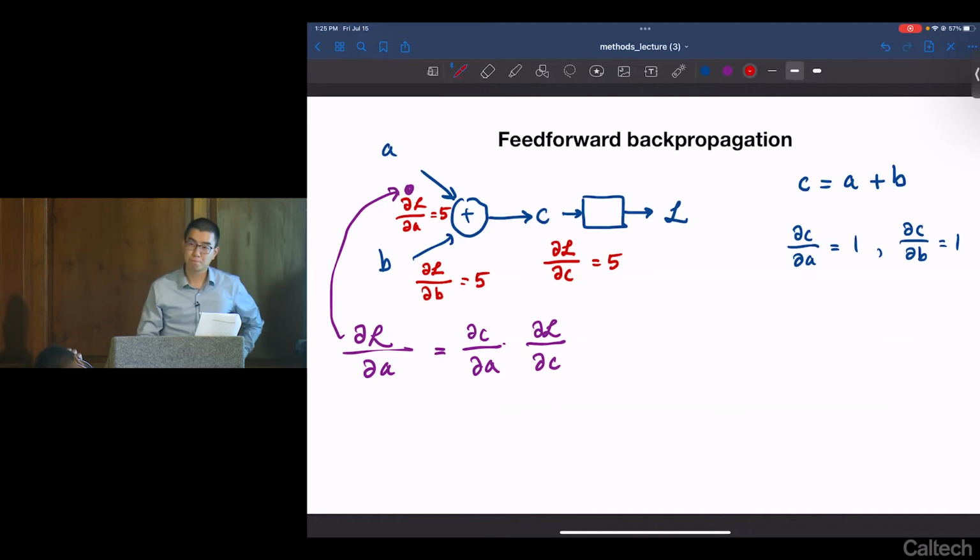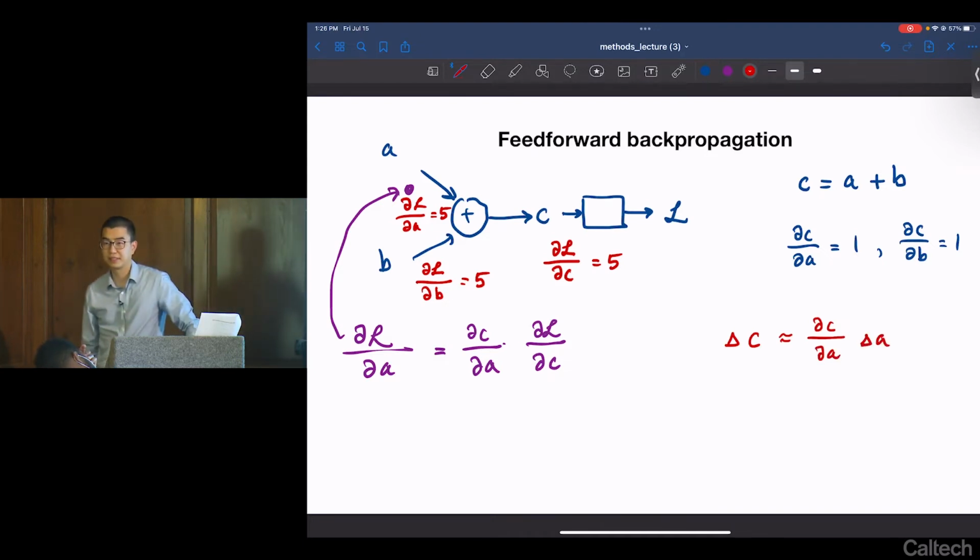We already know the rate of change of the loss with respect to C. So we find with the chain rule we can use the current neuron, and we know how the current neuron changed with respect to the previous neurons, so we can put the chain rule together and know how the loss changed with the previous neuron.